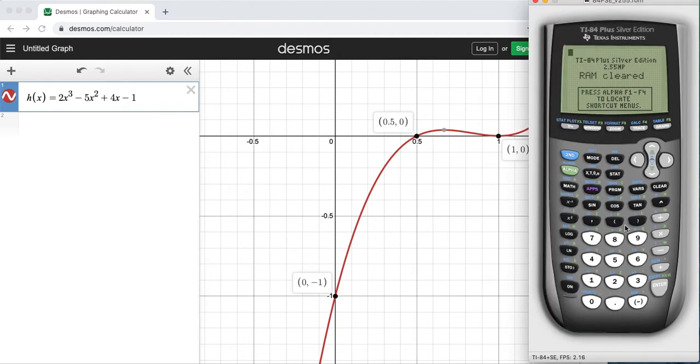Now if we come to our graphing calculator, to be able to do this same strategy on our graphing calculator, we head to our y equals menu, and for our y1, we'll put in our function. So 2x to the third minus 5x squared plus 4x minus 1. If we just hit graph, it'll graph in our standard viewing window, which uses an x min and max of negative 10 to 10, and then the same for the y values.